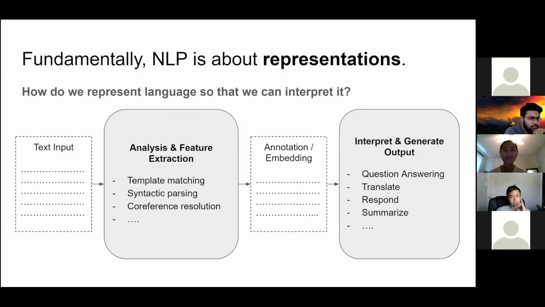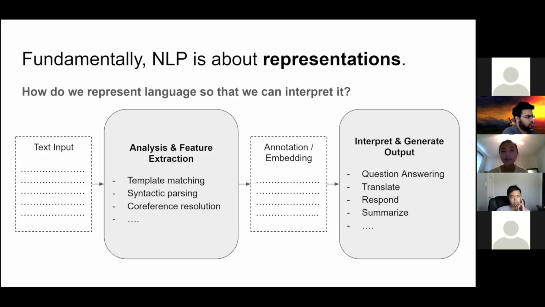And that's why improving NLP usually comes down to better representation. So how can we extract better features through syntactic parsing? That could be part of speech tagging, dependency parsing, some sort of co-reference resolution, so you could tag which entities are referring to the same thing.